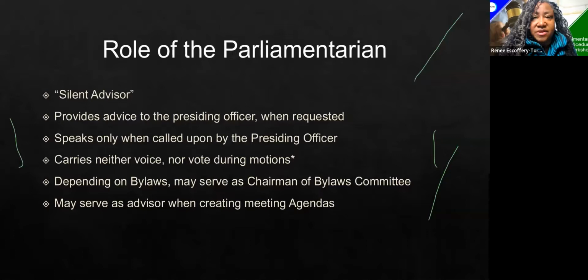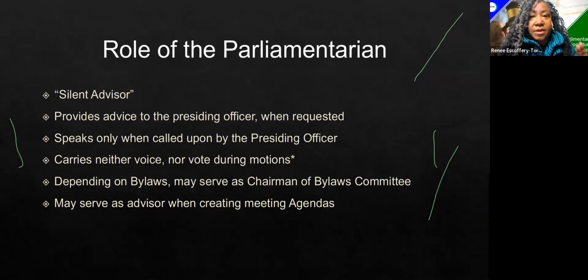Silent advisor: slips notes, sends text messages, frantically writes to make sure that you have the motion correct because you're listening and you're trying to do whatever you need to do. Silent advisor knows Robert's Rules by chapter and verse so that they can quickly look up information to help you.